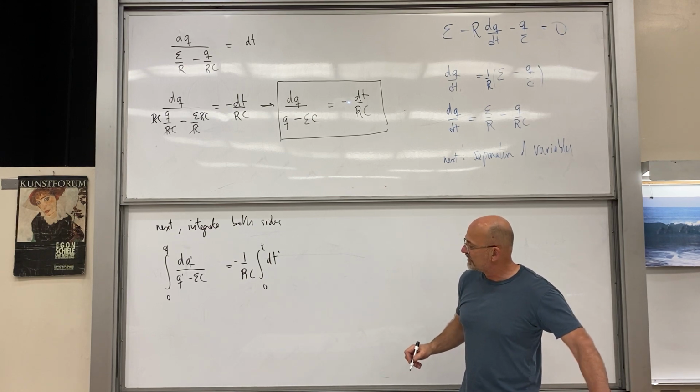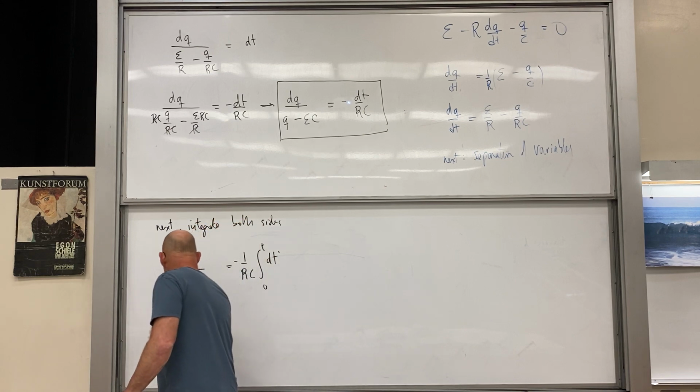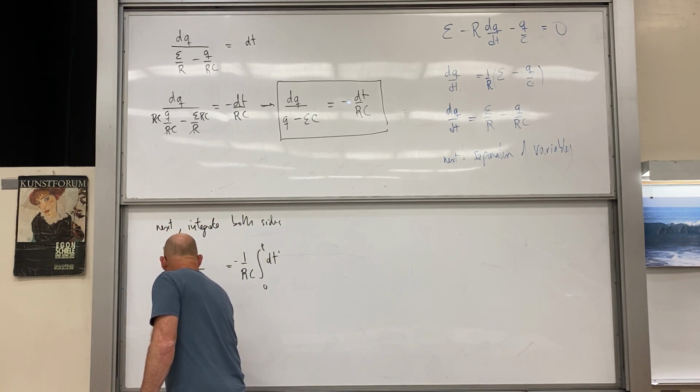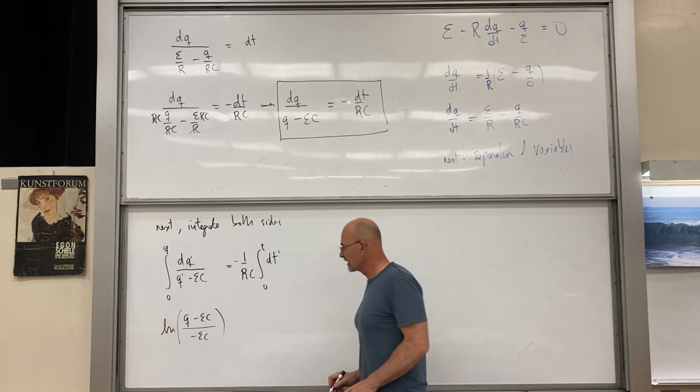And this is recognizably just a natural logarithm. So we have natural log of the upper bound minus the lower bound, so q minus EC over minus EC, integrated both sides.